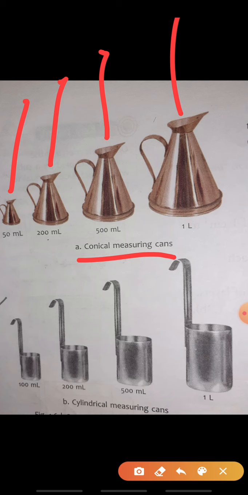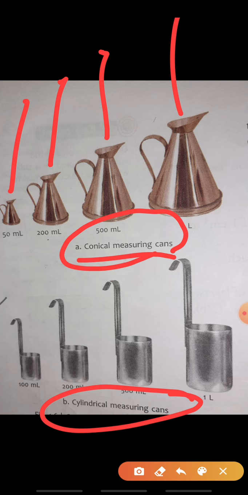Conical measuring cans are used to measure liquids such as kerosene and petrol. Then cylindrical measuring cans are commonly used to measure milk and edible oil.